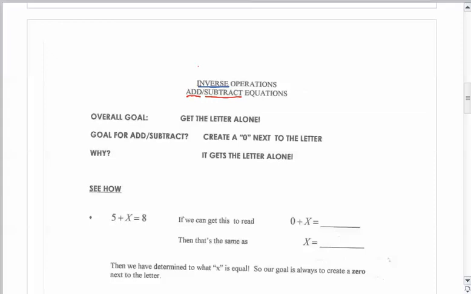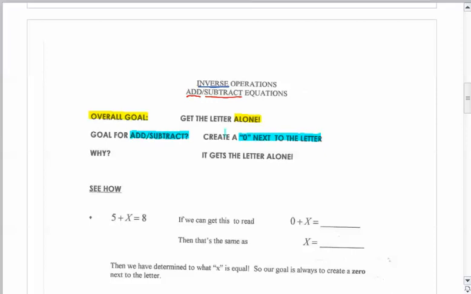Now, why is that going to be helpful? Let's take a look. If my overall goal is to get the letter alone, then my goal for adding and subtracting equations, in other words, when adding and subtracting is all that's being done, is to create a zero next to the letter, to the variable.